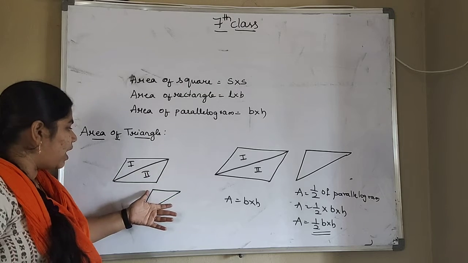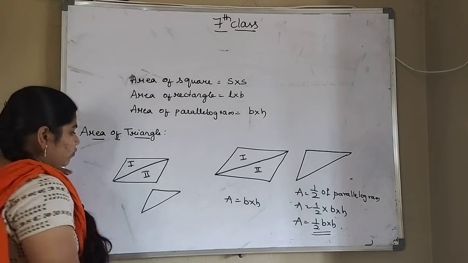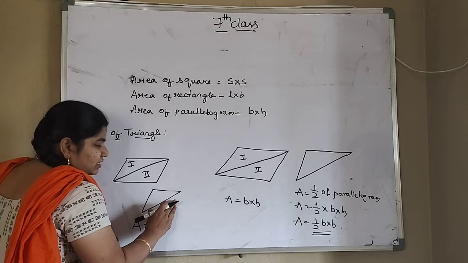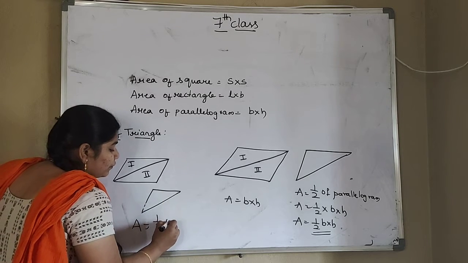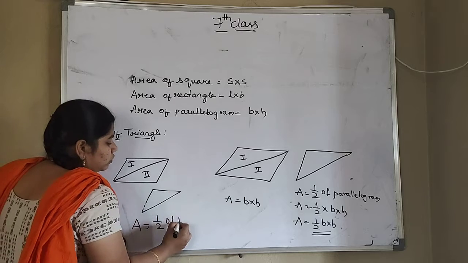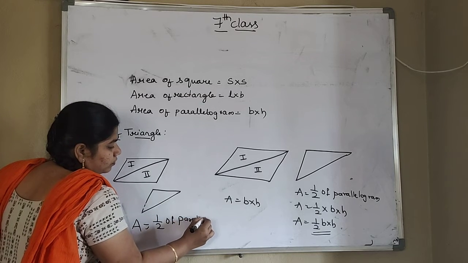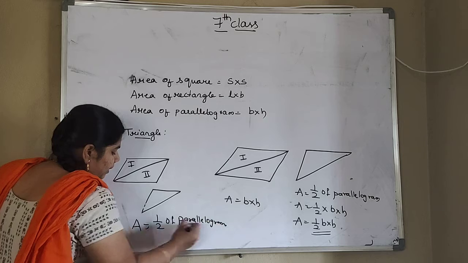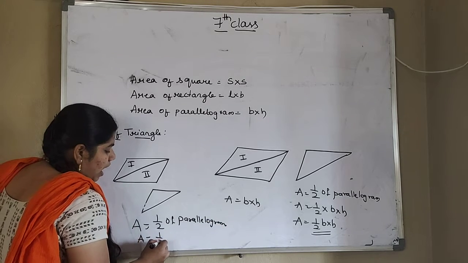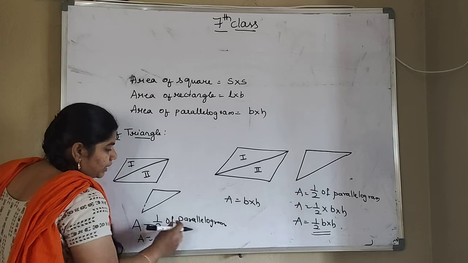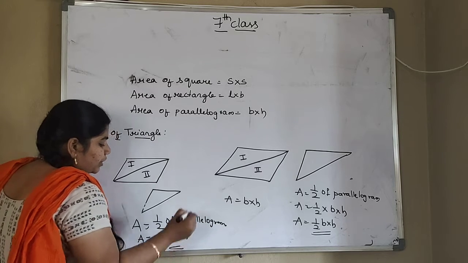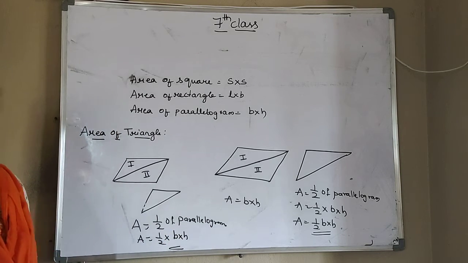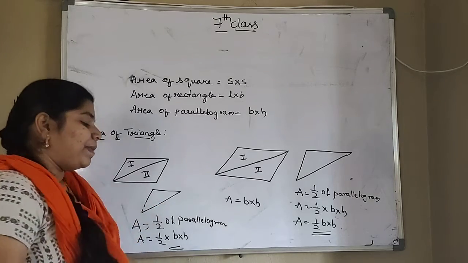So the area of this triangle will be half of the parallelogram. Half of is nothing but multiplication, and the parallelogram formula is base into height. So the formula is half into base into height.